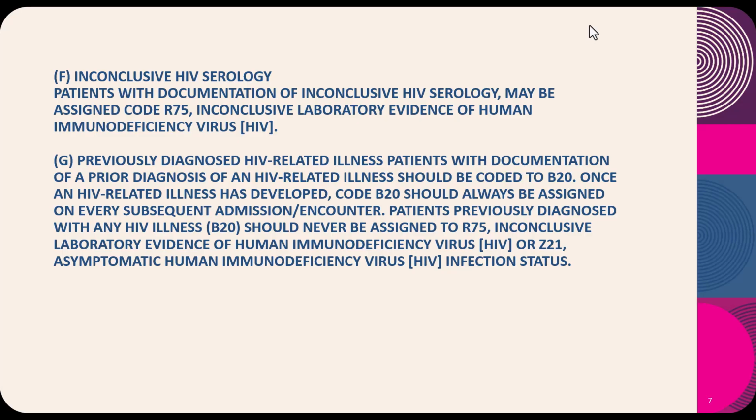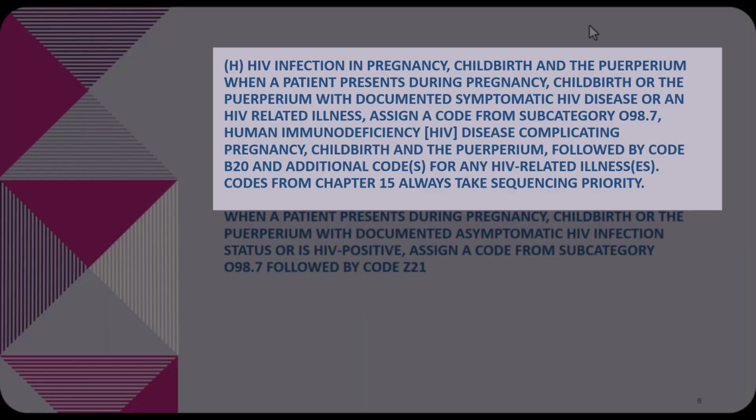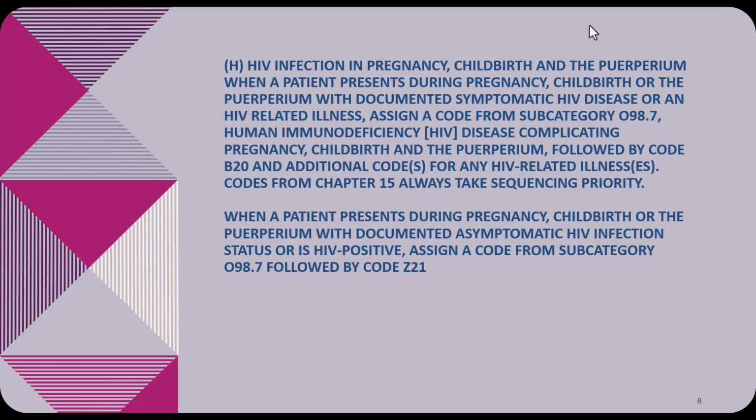So let's continue on. This next set of guidelines is dealing more with pregnancy. When you have a pregnant lady, the Chapter O codes come first. They have precedence over all other chapter guidelines.